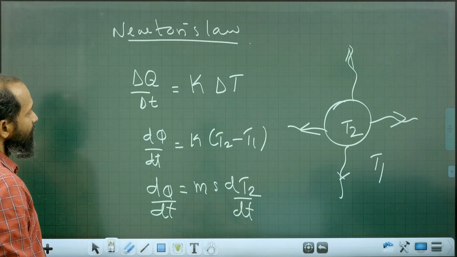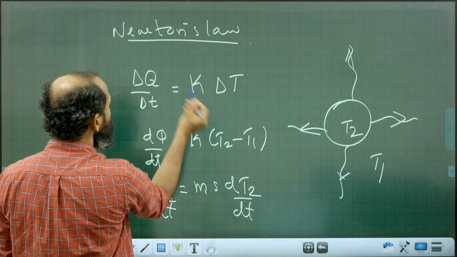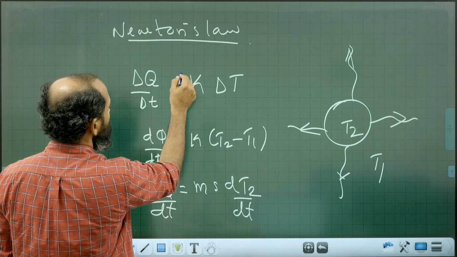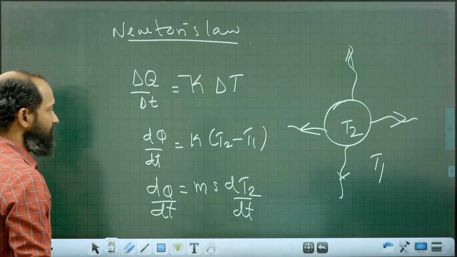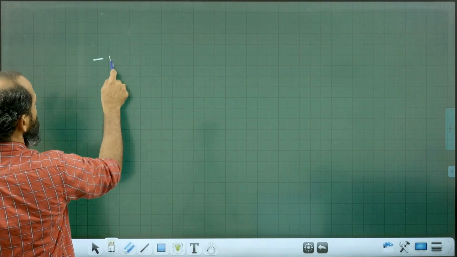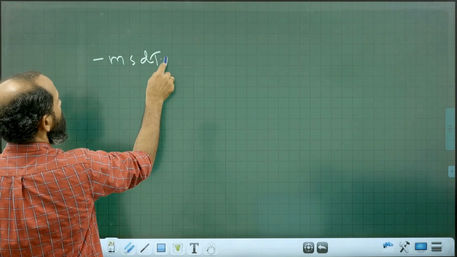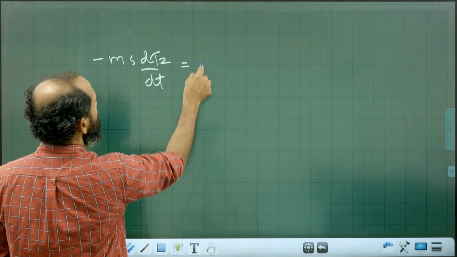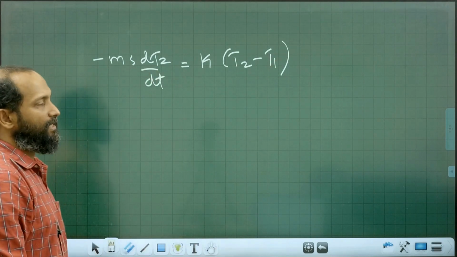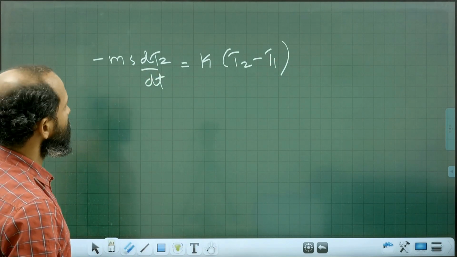As it emits heat energy, the temperature falls, so you put a minus sign here. Then minus ms dT2 by dt equals K into T2 minus T1. This equation is also very important.